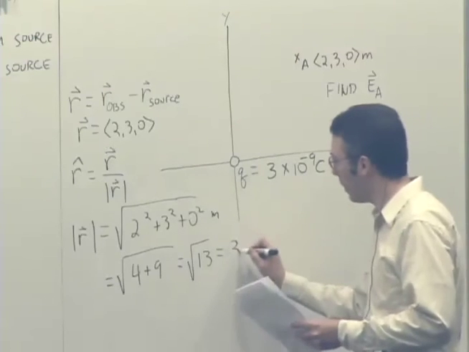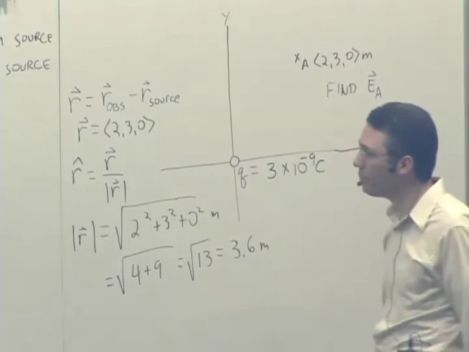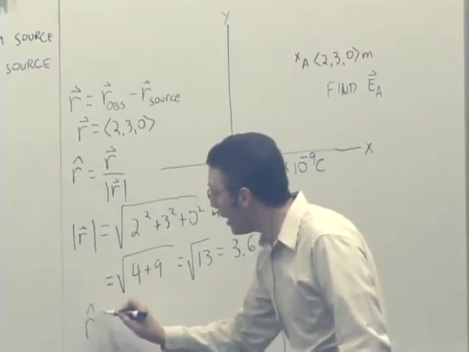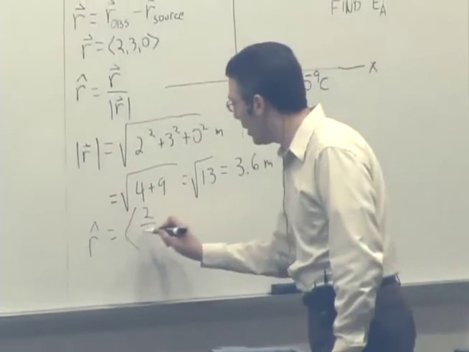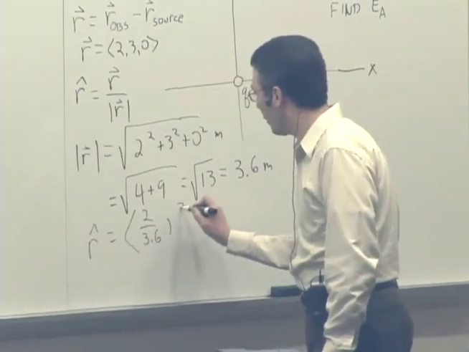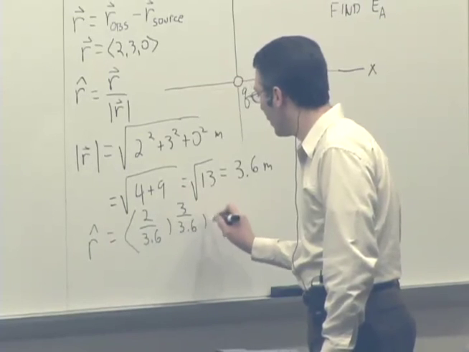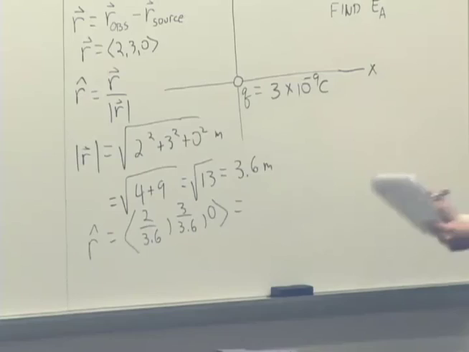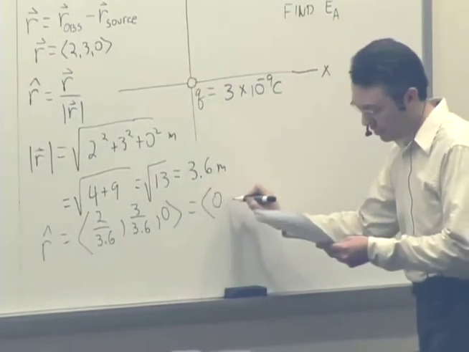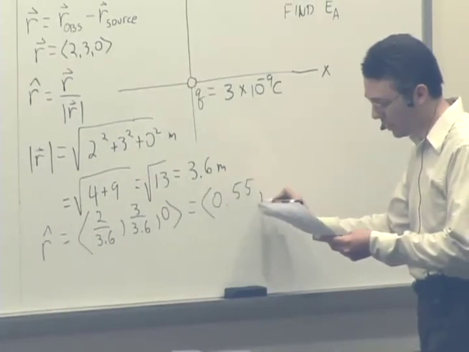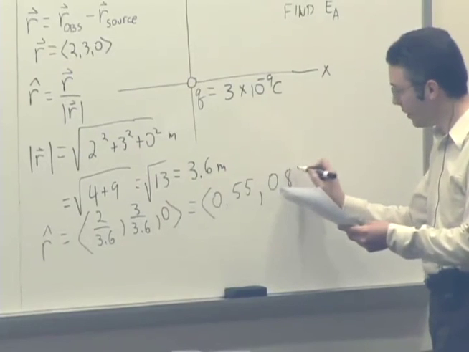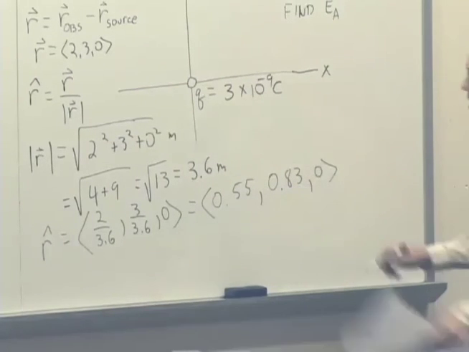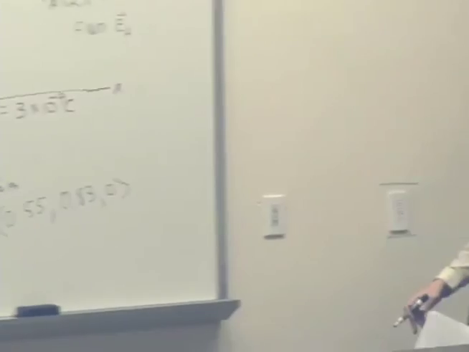Thank you. Okay? And then we need R hat, so we're going to have 2 divided by 3.6, 3 divided by 3.6, 0. And that gives us something like, I think it's 0.55, comma, 0.83, comma, 0. And you can check me if I did my math right.